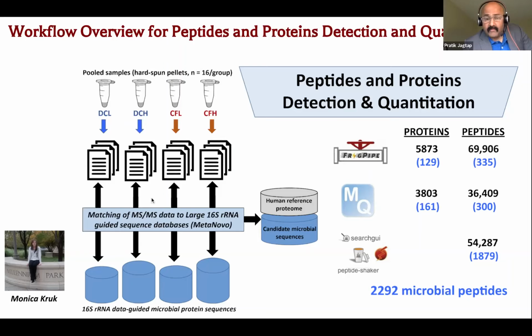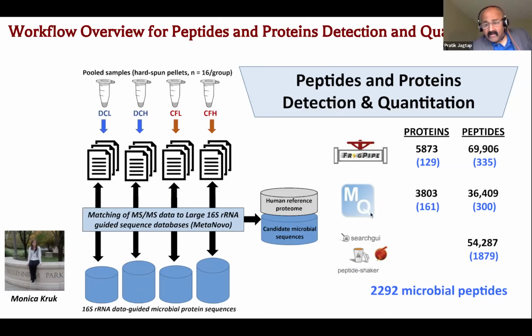We generated a lot of spectral data from this, which was fractionated, and then we matched these data sets against a really large 16S RNA guided database, and that helped us to generate a much smaller database. And we searched it with three different pipelines: FragPipe, which comes from developers at the University of Michigan; MaxQuant, which comes from Max Planck Institute in Martinsried in Germany; and SearchGUI with PeptideShaker, which comes from CompOmics, which is based in Europe.